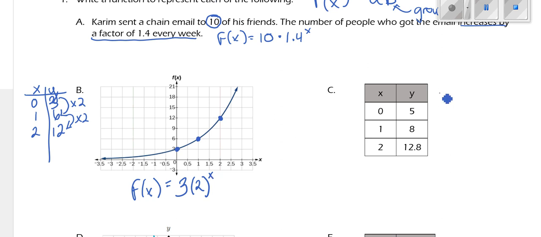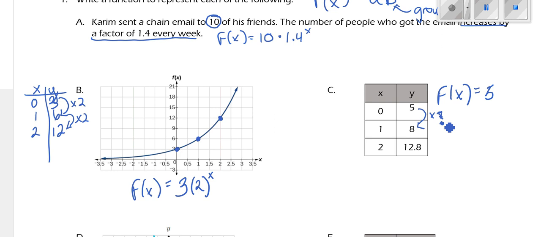Okay, C, I'll have f of x, my initial value is 5, and it might be a little harder to find your growth rate here. So I need to know how I'm getting from 5 to 8. So I'm multiplying by a value here, and I'm looking for that value that I'm multiplying by. So to determine it, I'm going to work backwards and divide.